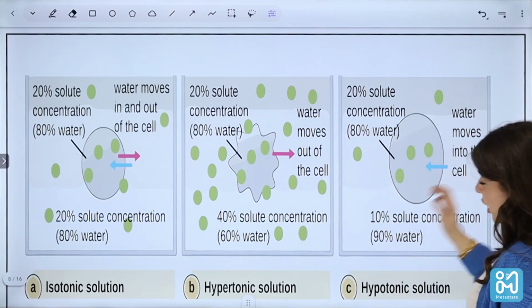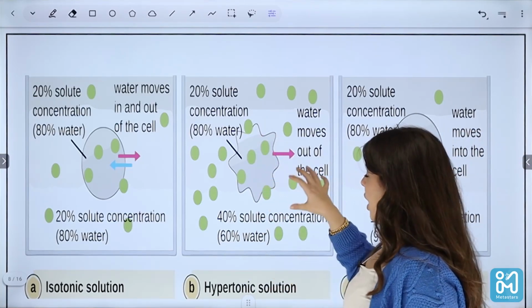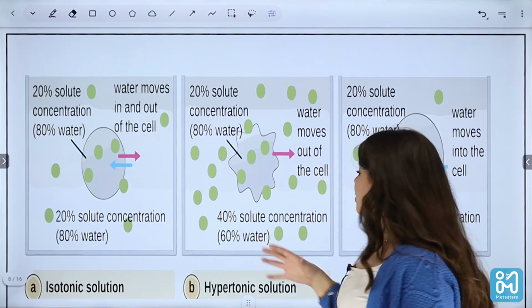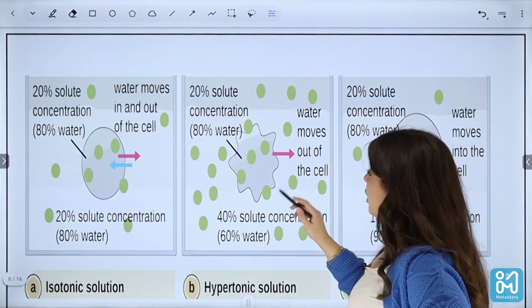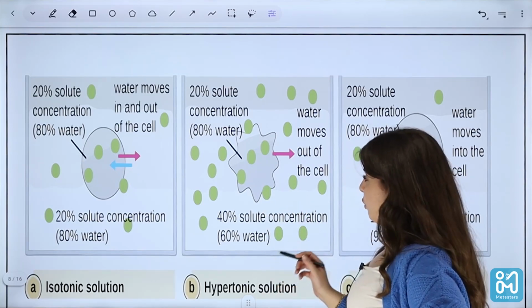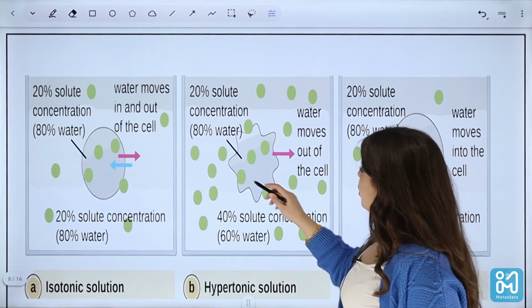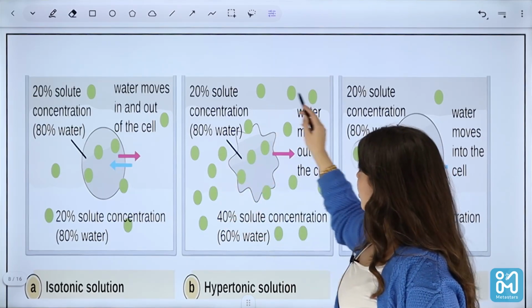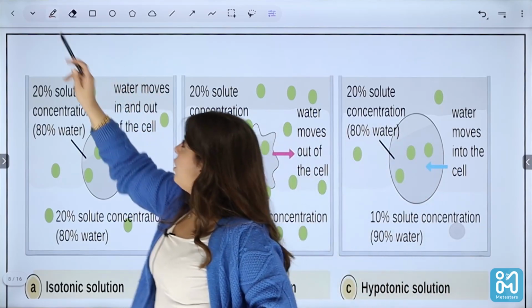Unlike the hypertonic, if we place a cell inside a hypertonic solution, the water will go from the higher amount of water to the lower amount of water. Hypertonic means there is a high number of solutes.